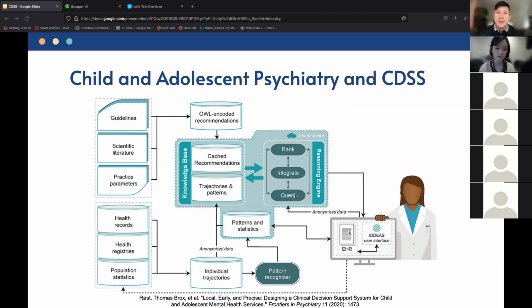And with that, it goes and looks at healthcare records and healthcare registries and population statistics, and utilizes big data and machine learning to come up with individual trajectories. To me, this is a really great system since it uses both rule-based and non-rule-based CDSS methodologies.